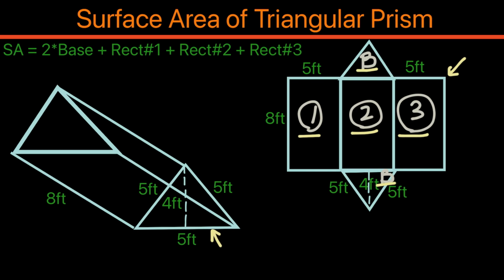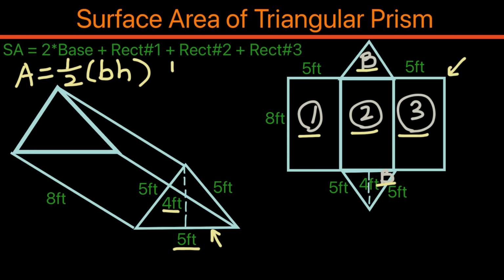So, the first step is to find the area of the triangle base. And the area for a triangle is 1/2 base times height. So in this example, the base is 5 and the height is 4.